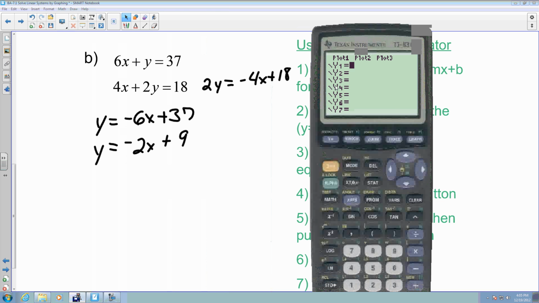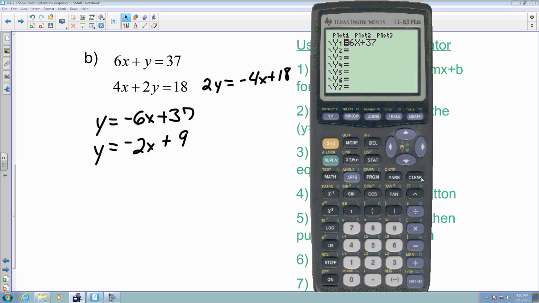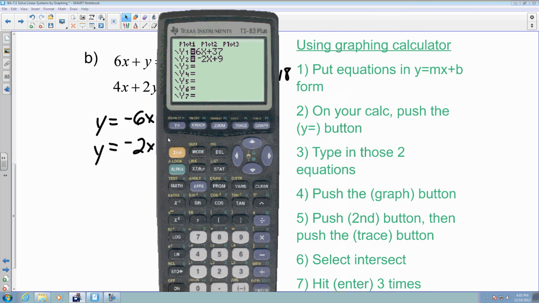The first one is negative 6x plus 37, and the second one is negative 2x plus 9. So I type in those two equations and push graph. Graph is the button right here. When I click on that, I get a graph.